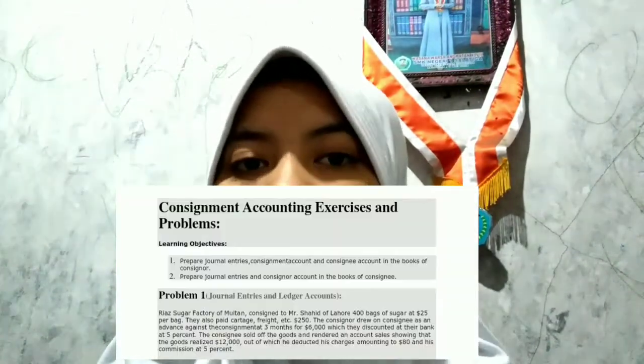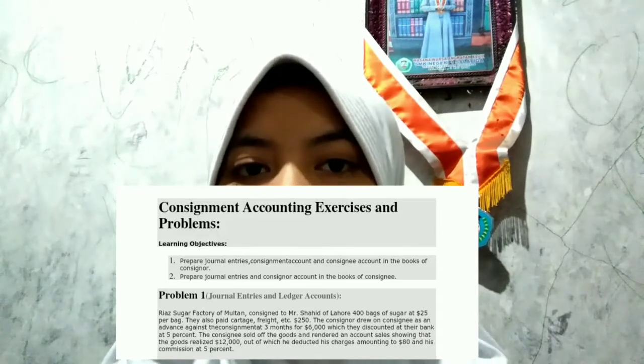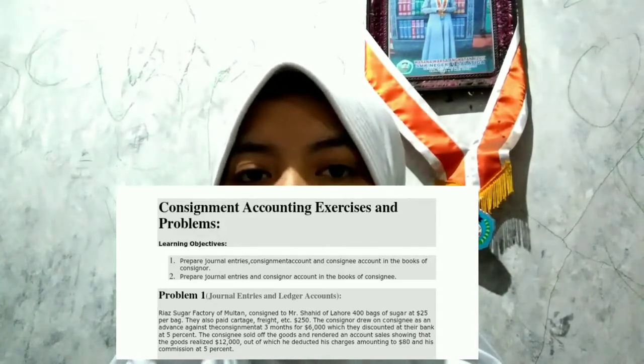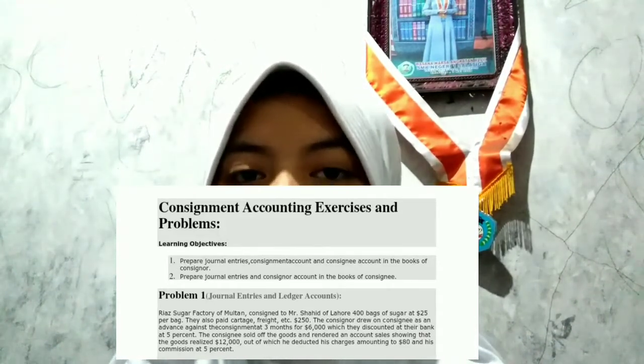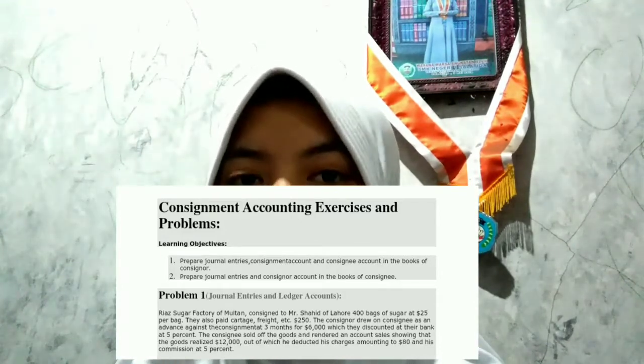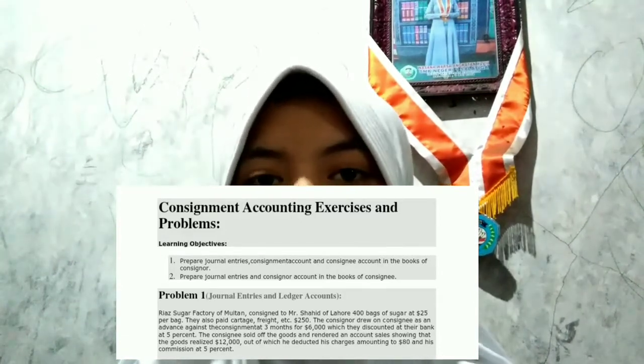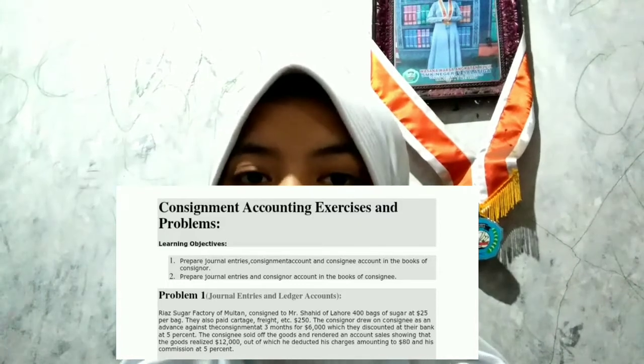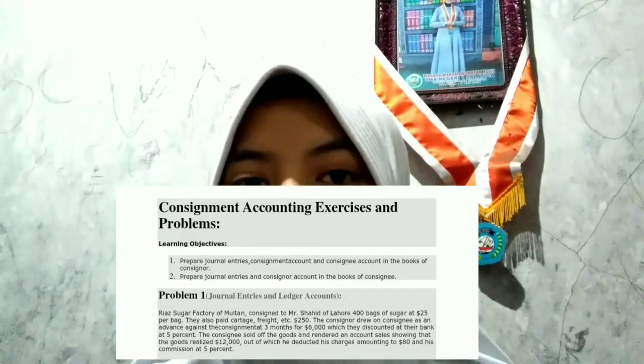Before I close my presentation, I will give you a consignment accounting problem. For the first problem, Riya's Sugar Factory of Multan consigned to Mr. Shahid of Lahore 400 bags of sugar at $25 per bag. They also paid cartage, freight, and etc. for $250.